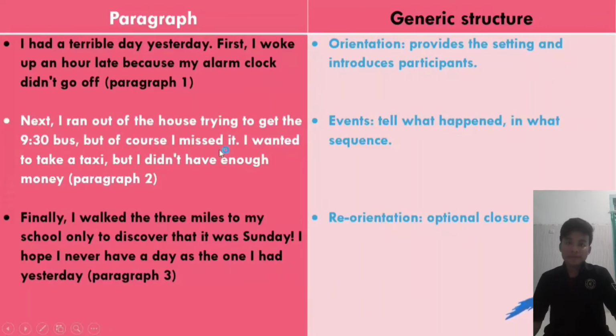It tells what happened, or in what sequence the events happened. Then for the last paragraph is about reorientation, or let's say conclusion, optional, a closure or ending of the events, like that.